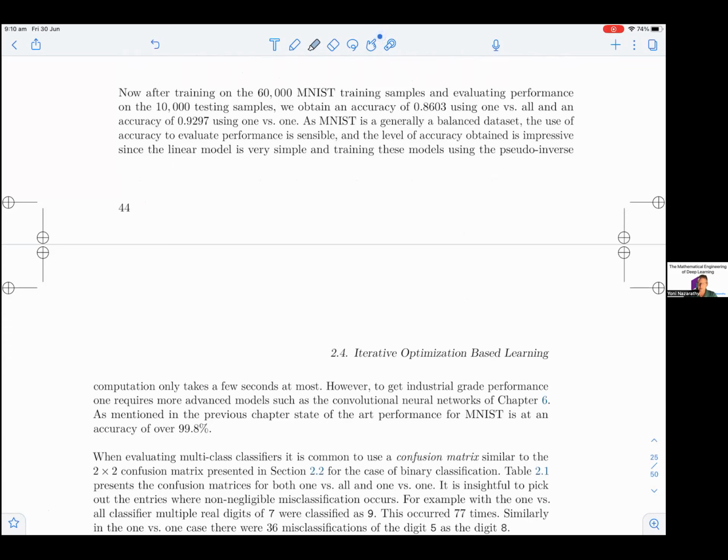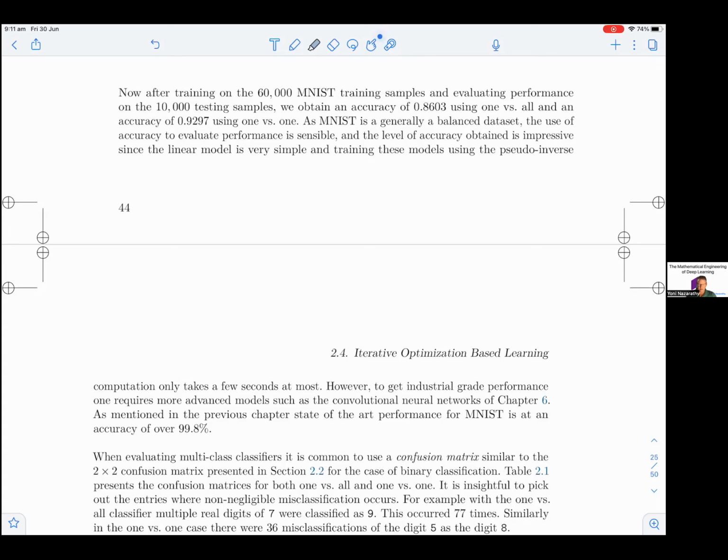As MNIST is a generally balanced data set, the use of accuracy to evaluate performance is sensible, and the level of accuracy obtained is impressive since the linear model is very simple and training these models using the pseudo-inverse computation only takes a few seconds at most.